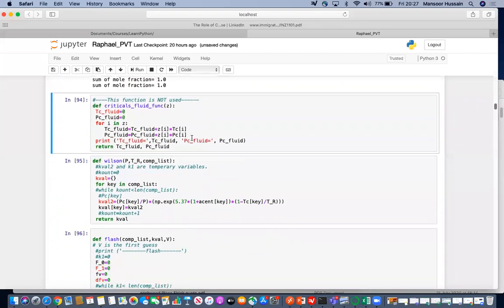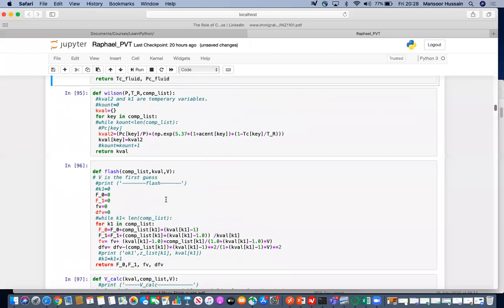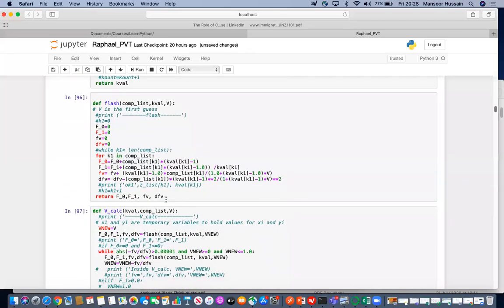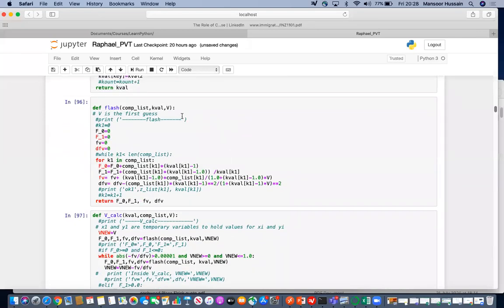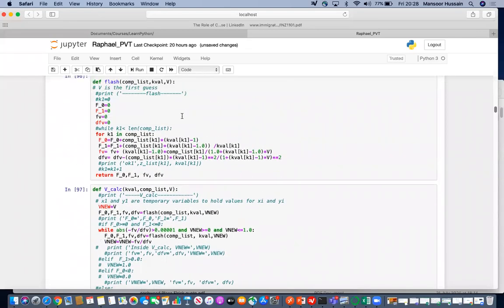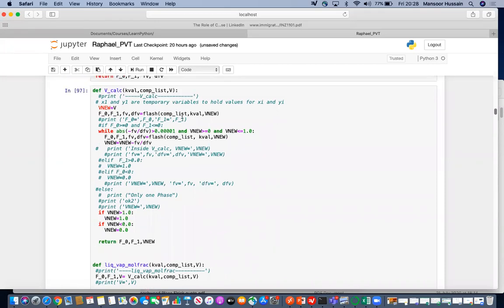This function I'm not using. This is the Wilson equation. The Wilson equation provides you with the first guess for the K values based on critical pressure and critical temperature. Then, if you're familiar with the flash theory, these two functions, based on K value only, calculate the volume, the composition of liquid, the composition of vapor, and the mole fraction of liquid and vapor.